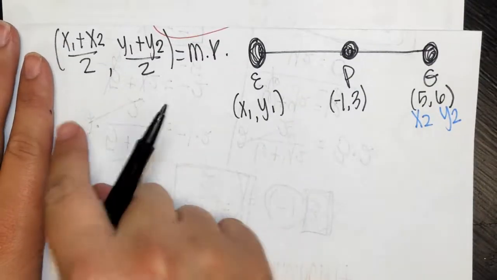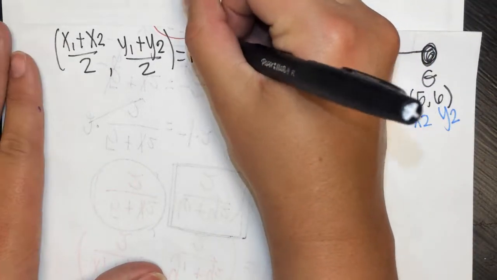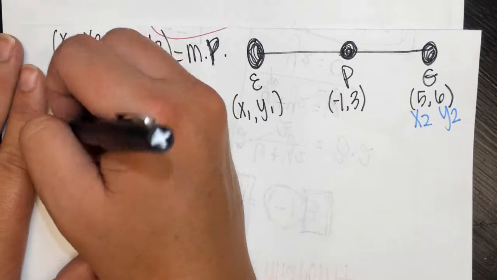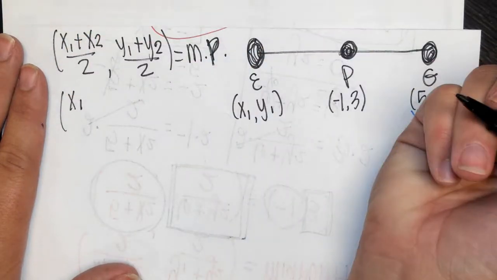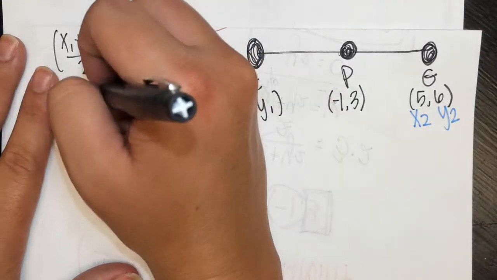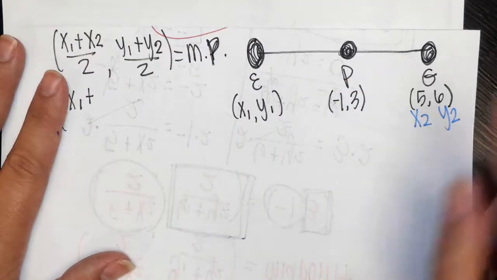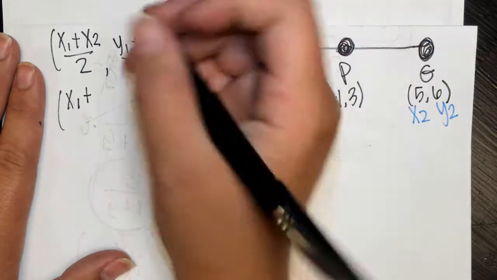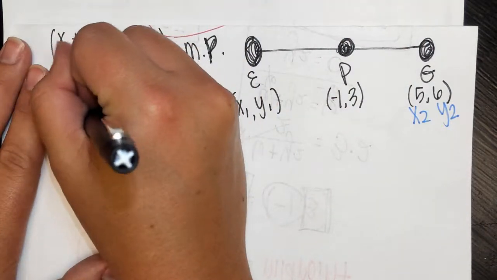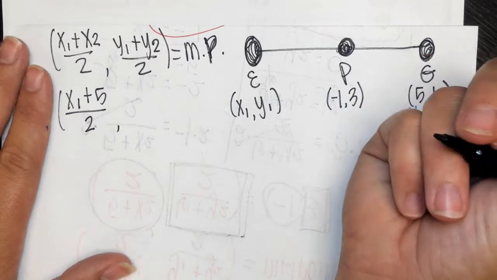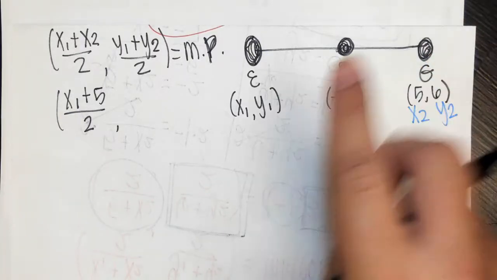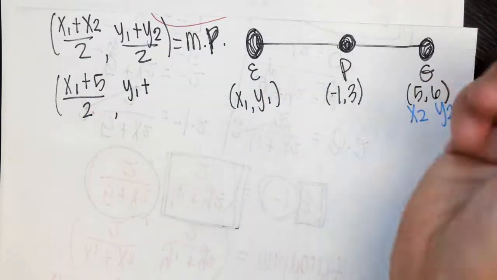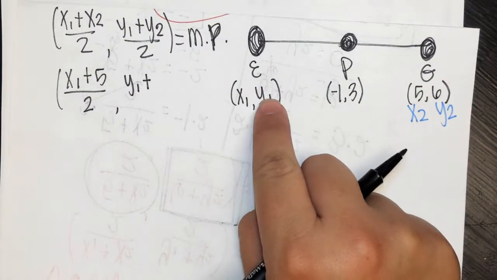Okay, so let's fill in what we know. X sub 1, I don't know it, so let's leave it. Do you know x sub 2? 5. Good. Yeah, it's over here. I know that one is 5 divided by 2. Remember, we left y sub 1 blank. So we're finding that.